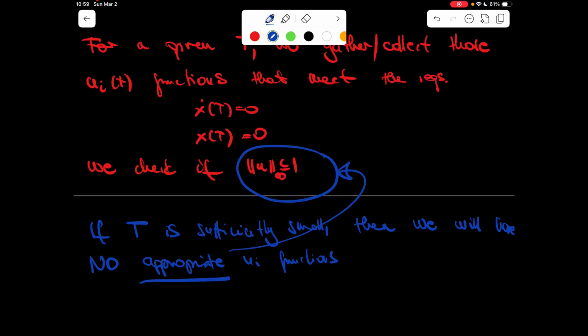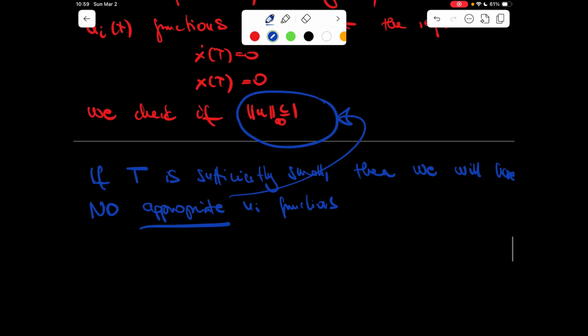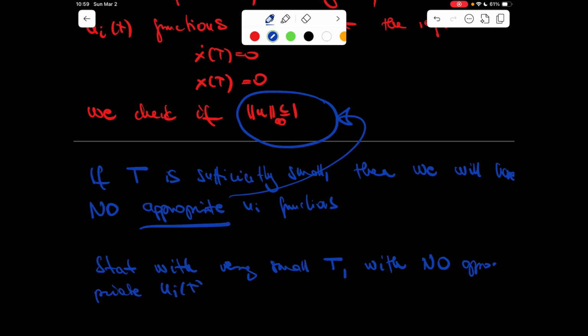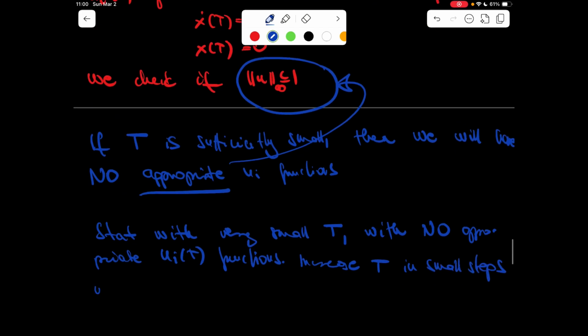So, this is a grouping process. We start with a sufficiently small t, with no appropriate u functions, and we increase t in small steps until we find a function whose norm is 1.